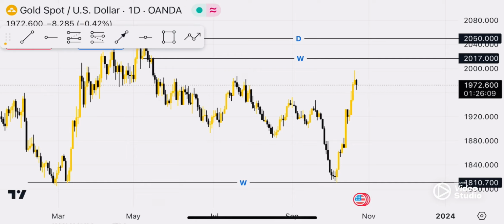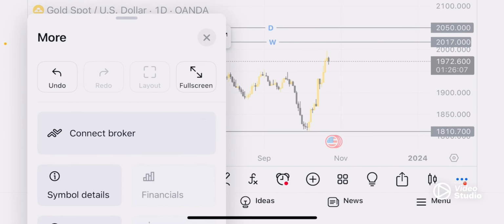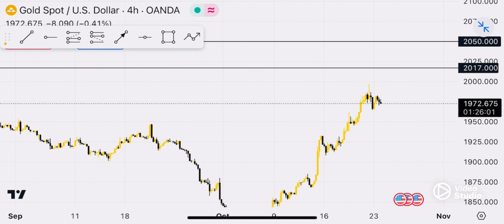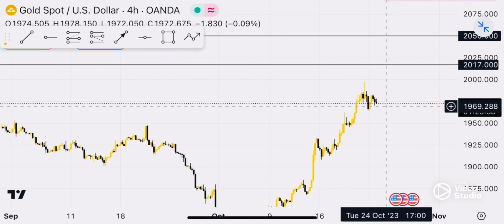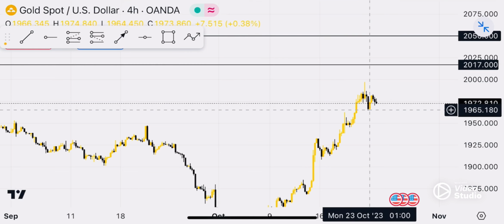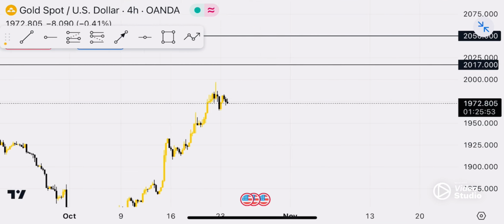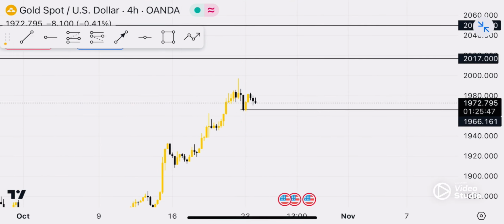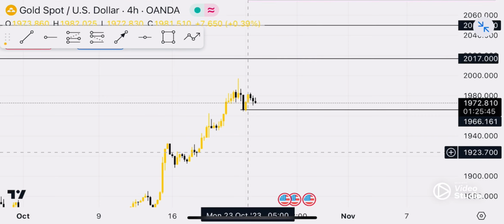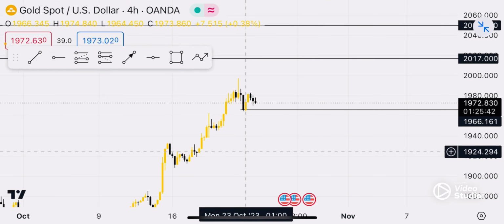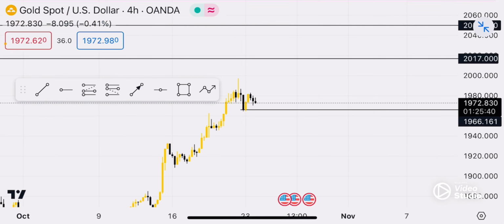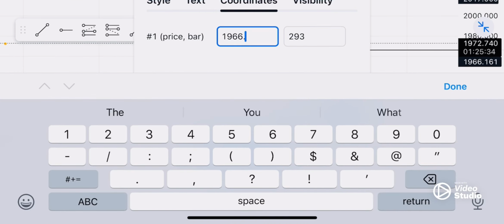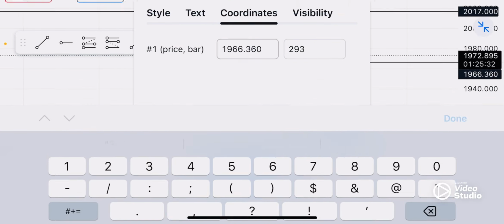Let's go to the 4 hours and see what we got. Nothing really much on the 4 hours, so we're just anticipating a buy to this area. There's a recent zone here that the 4 hours created today, which is Monday. I can predict that the market could just come back to this zone, retest it, and start going up.